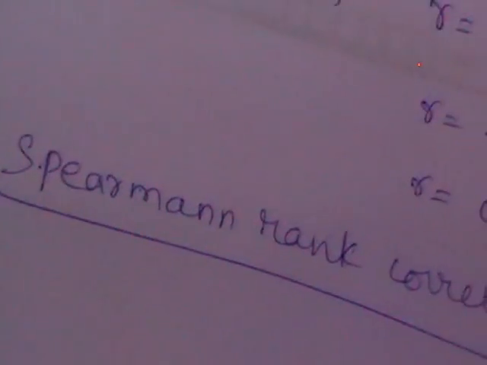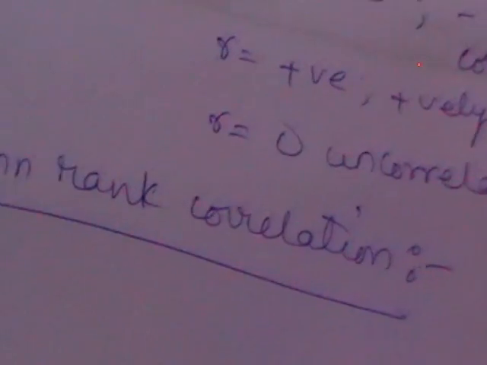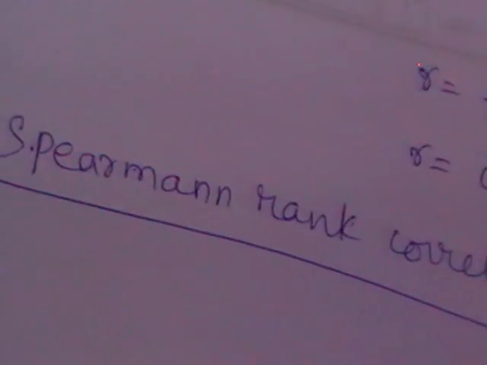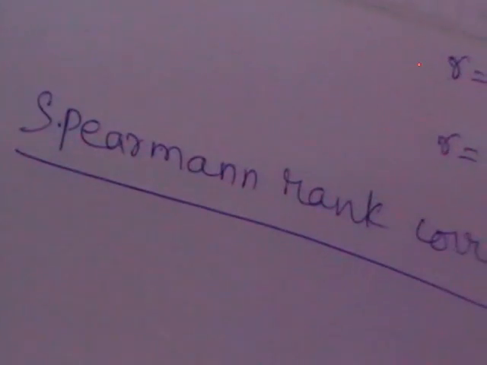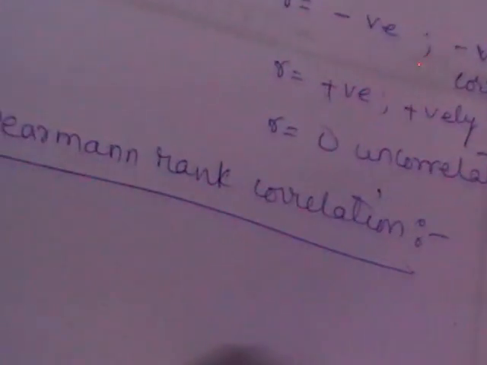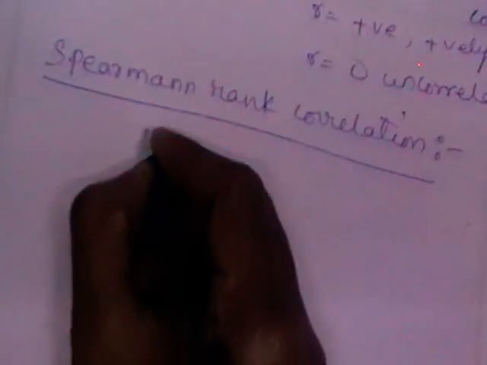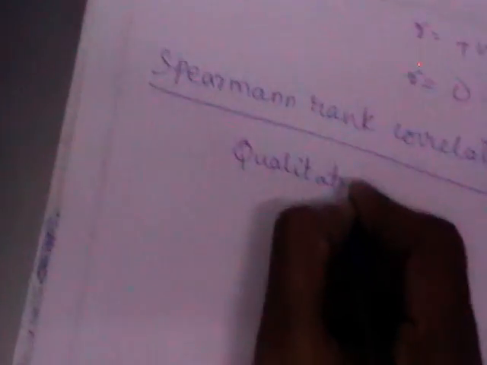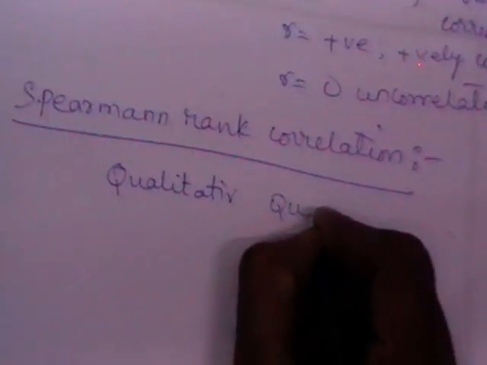Up to now, how have we defined correlation? Correlation is nothing but the covariation between two variables. We are calling that two variables. Whenever we have data, it is generally qualitative data or quantitative data.